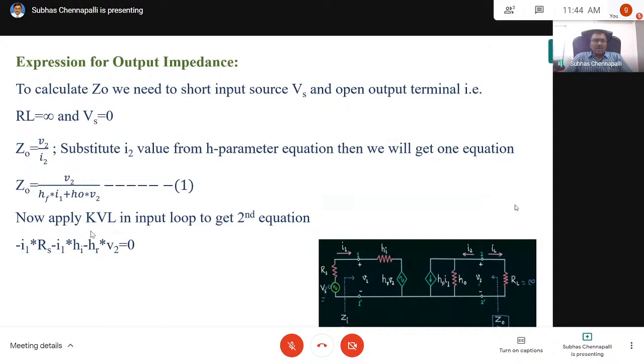Now apply KVL in the input loop. I1 is flowing this side, and this is shorted. Minus I1 RS, then minus I1 hi, minus hr V2, equals 0.